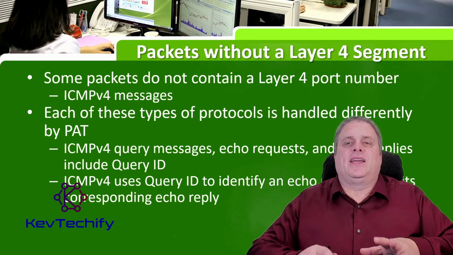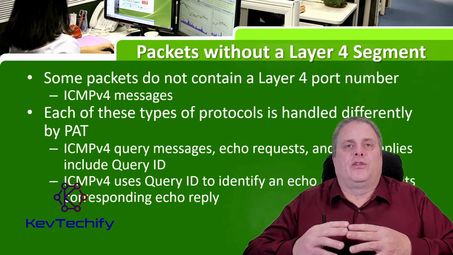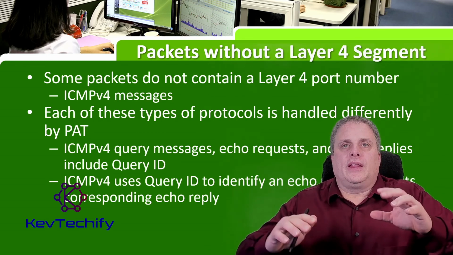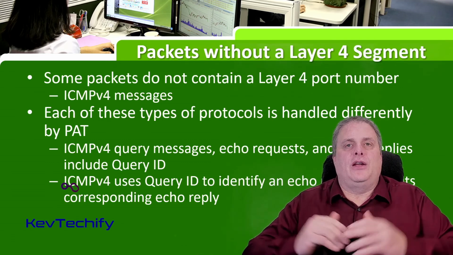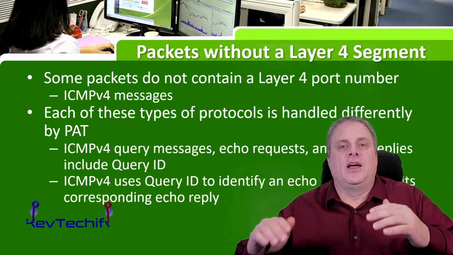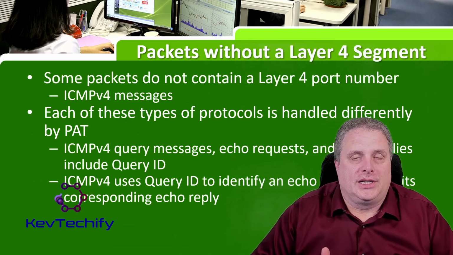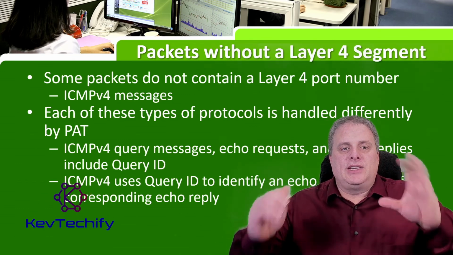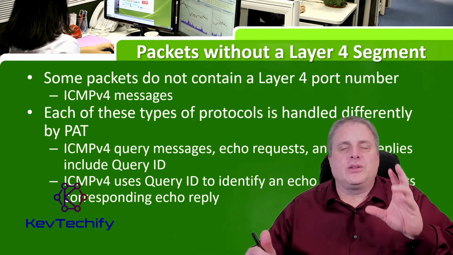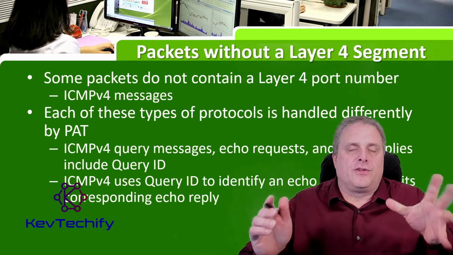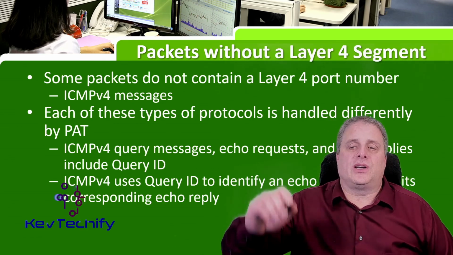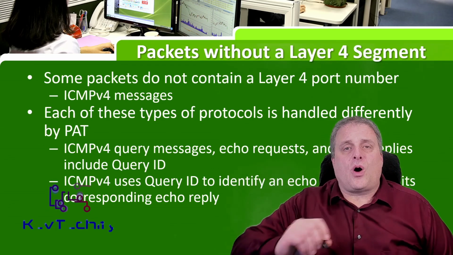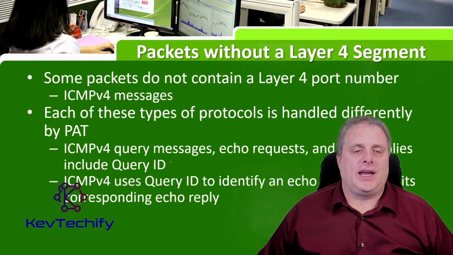Sometimes you're going to get packets that actually don't have that layer 4 segment. When we look at ICMP version 4 messages, it will have just layer 3 information. It won't have those layer 4 port numbers in there. Now, each of these protocol types handle PAT a little bit differently. For example, for ICMPv4 query messages, echo requests and echo replies, those all include what we call a query ID.